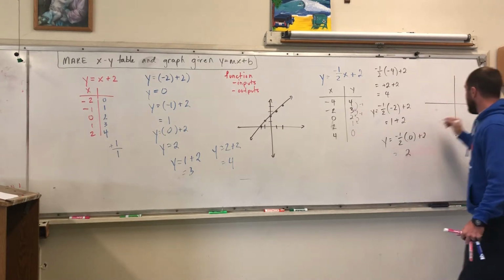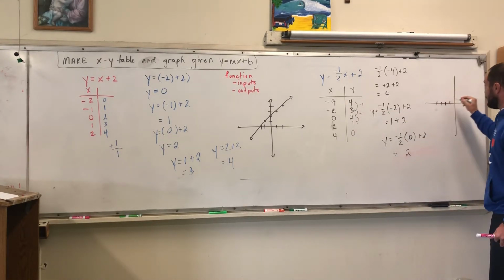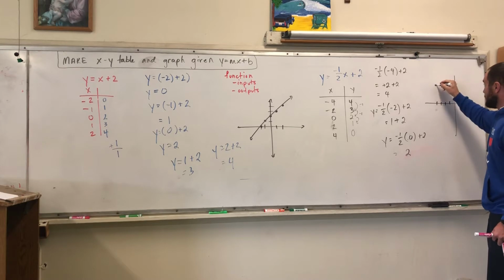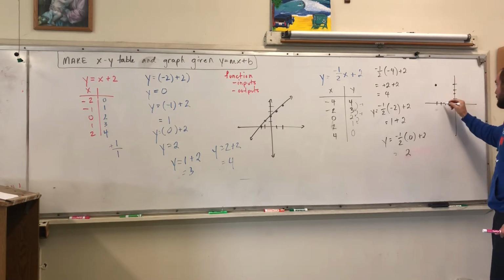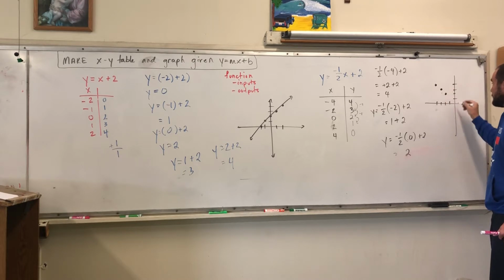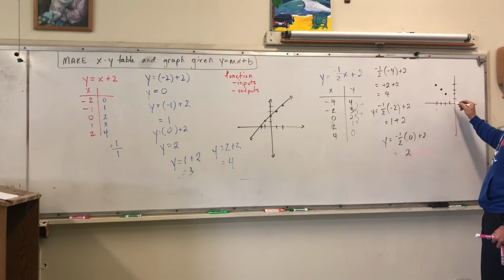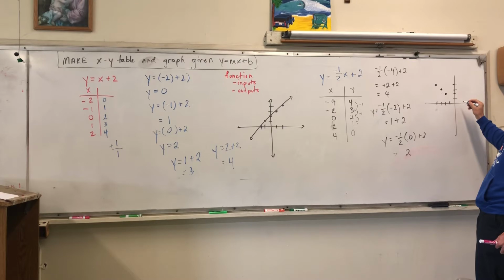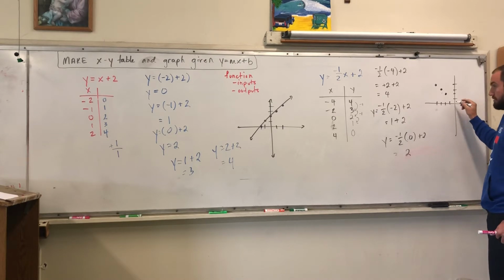Use the points that you have, 1, 2, 3, 4, and the 4. I just make the slashes for the 1, 2, and 3, 0 and 2. 2 and 1.